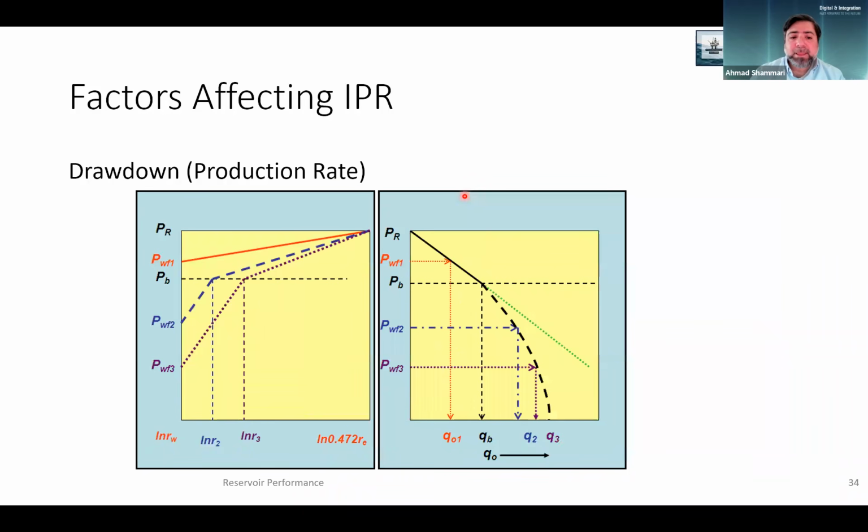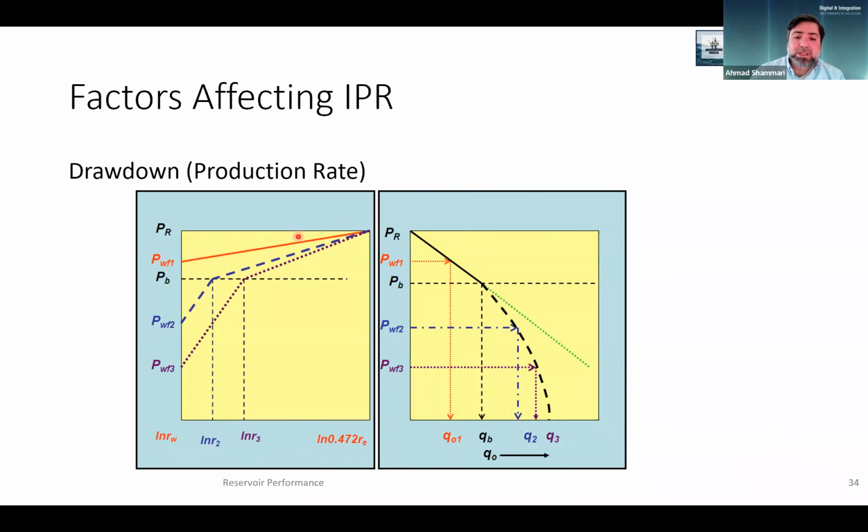Number two is the drawdown itself. Depending on where you are and how much you're producing, you will notice that the drawdown will start to change. What does that mean? Look into, for example, this curve here, the red line.